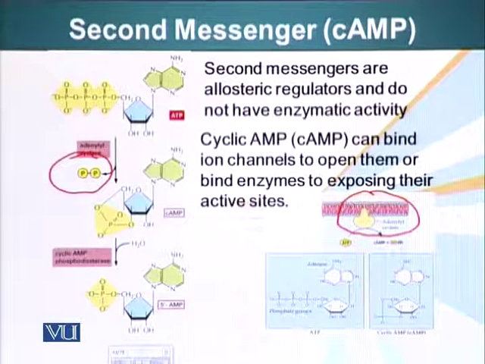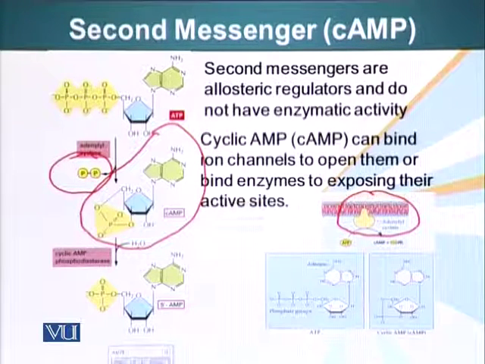This cyclic AMP is a secondary messenger. We talked about small messenger molecules that do not have any enzymatic function of their own, but they modify effects or actions of other proteins. So this cyclic AMP is in that category.